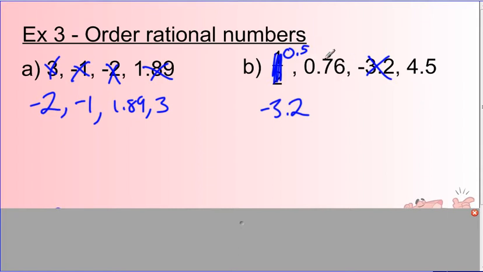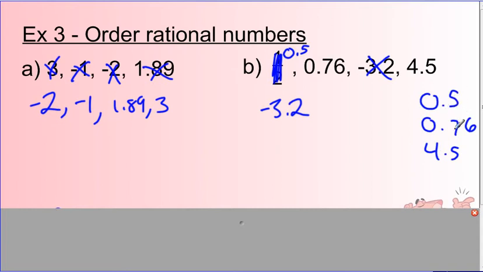Now, I have 3 other numbers. So let's see what happens if I line these up. So if I have a 0.5, that's him, 0.76, and a 4.5. We're trying to find which of these is the smallest. Well, clearly the guys that start with a 0 are smaller than the 4. Okay. So then we'll go to the next number over.